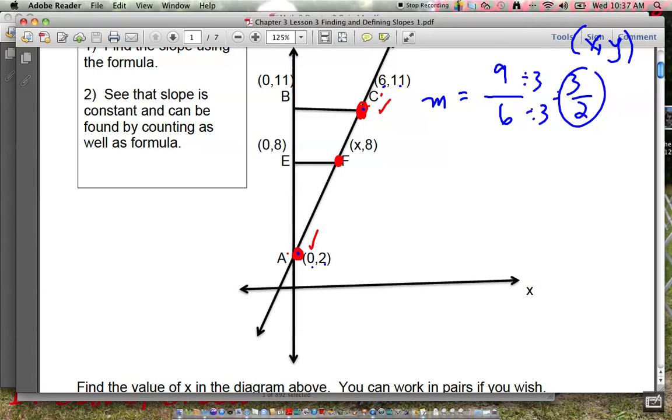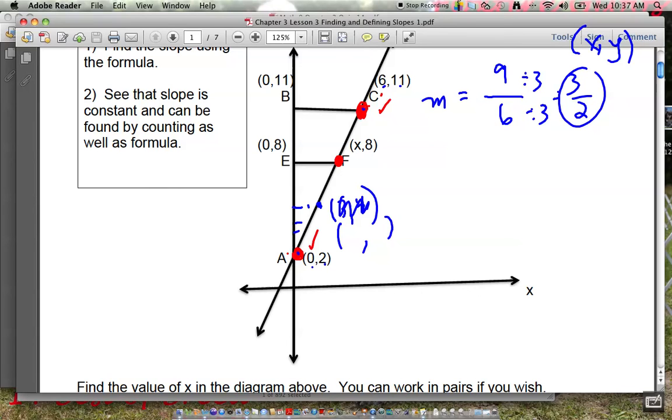Now, let's do an up 3 over 2 to our starting point here at A. If I go up 3 and over 2, I end up at 3, 4. Does that make sense? Right? I started at 0, and I went up, I'm sorry, I did this backwards, my bad. I go up 3, I started at 2.